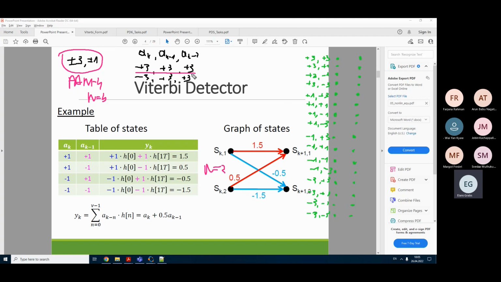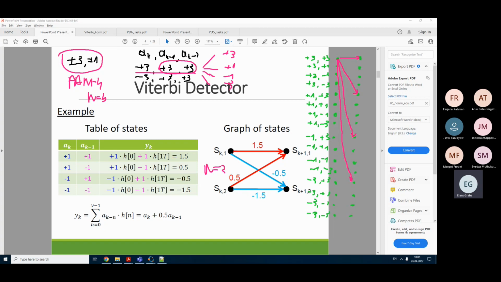So let us consider this case that we start with the state plus 3, and we can send 4 possible symbols: either plus 3, and in that case we are going to end up in this state, or plus 1, and in that case we end up in the state here, plus 1, plus 3; minus 1, in that case we are going to be in this state; and minus 3, which will be this state, right?